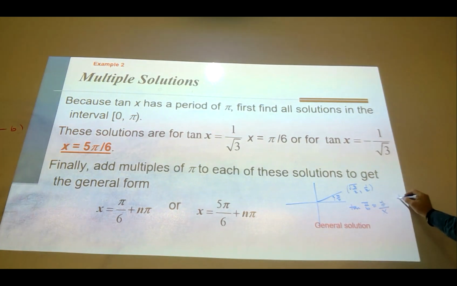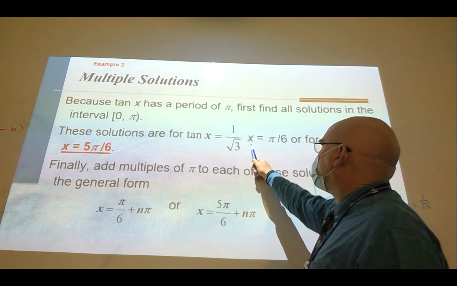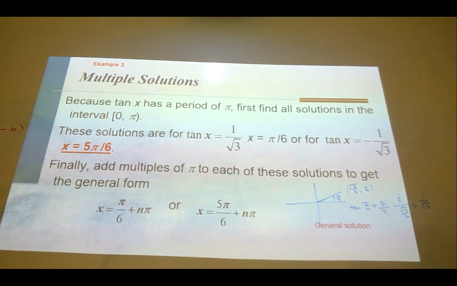In this case, my y is 1/2 divided by square root of 3 over 2. The 2s cancel out, and I'm left with 1 over the square root of 3. So tangent of x equals 1 over the square root of 3 happens at x equals pi over 6.